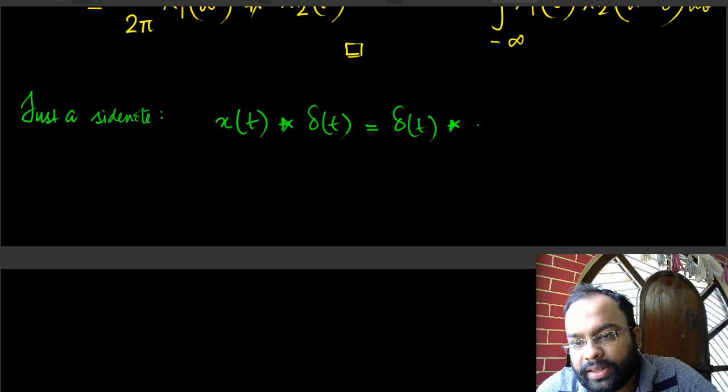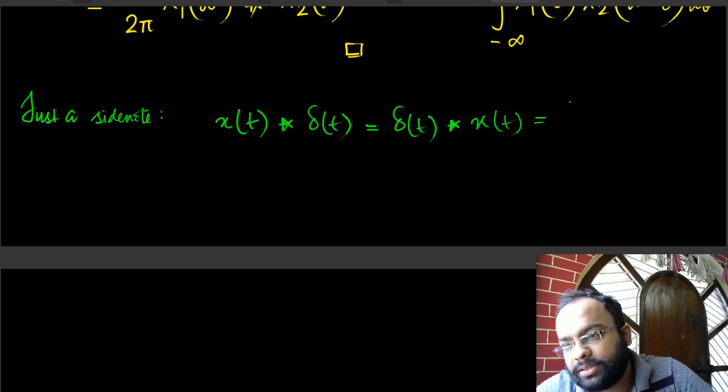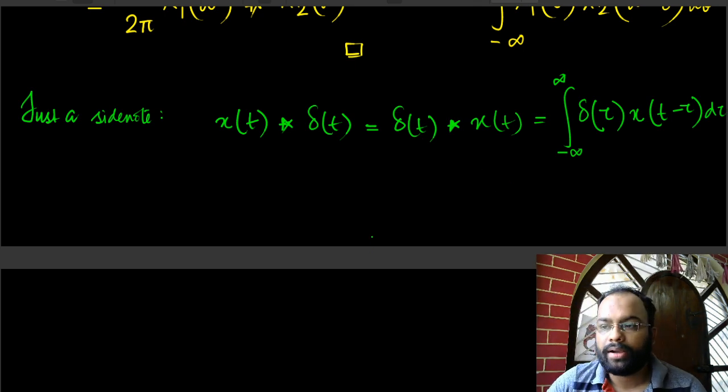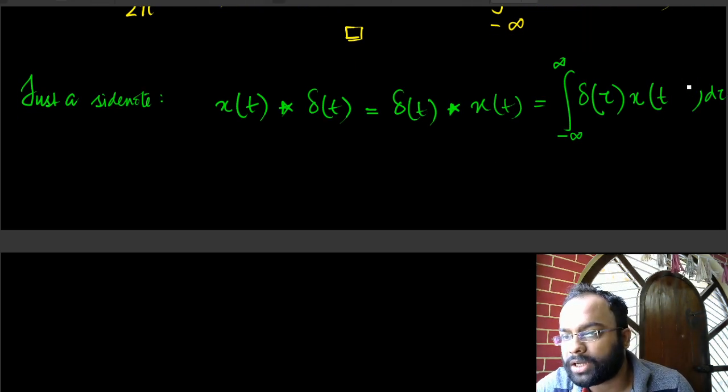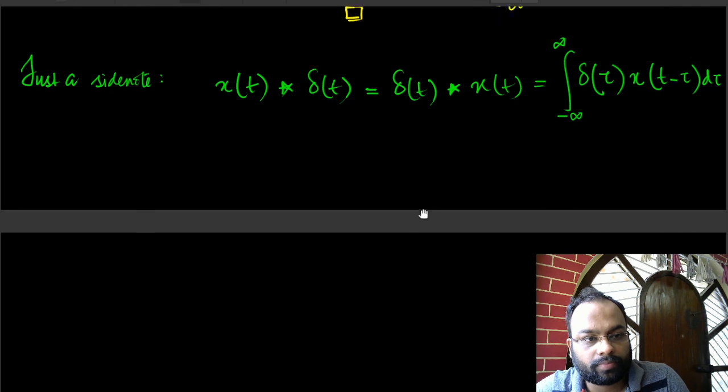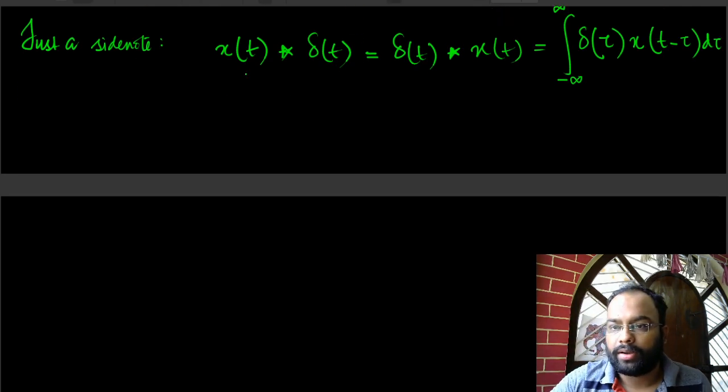So this can also be written by the definition of convolution, with delta(t minus tau). Okay, right.